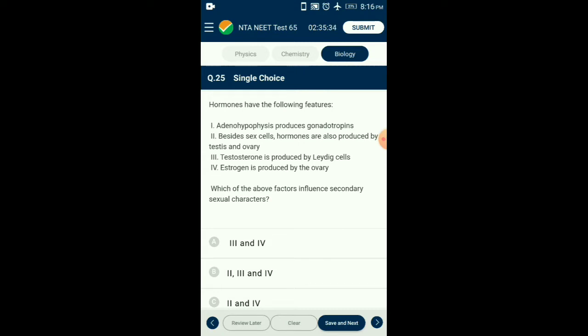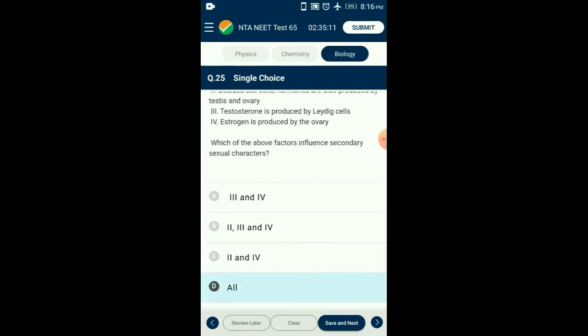In females, progesterone and estrogen are responsible for controlling the menstrual cycle and also for secondary sexual characters during puberty. In males, the testosterone produced by Leydig cells influences spermatogenesis and secondary sexual characters. So the answer for this question is option D from the given 4 statements, and all the 4 factors influence secondary sexual characters.